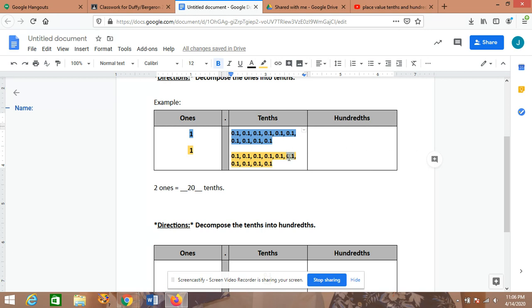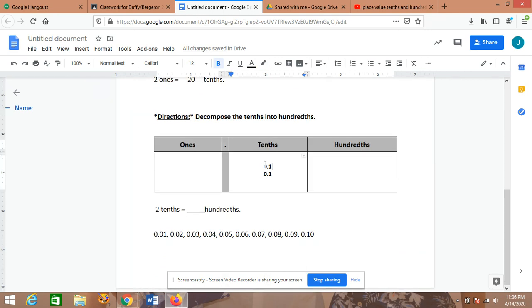But if we just took one of those tenths, or we could do it here, just take this 1/10, and we want to break it up into hundredths. Just like it takes 10 tenths to become 1 one, it takes 10 hundredths to become 1/10. So let's decompose it.